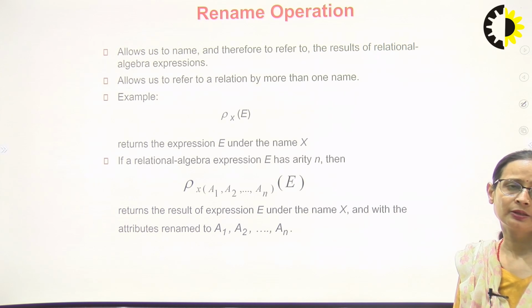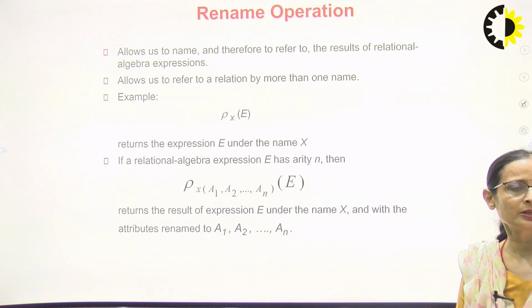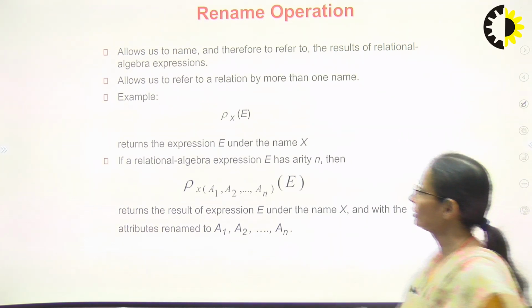The last important operation in relational algebra is the rename operation. It allows us to name, and therefore to refer to, the results of relational algebra expressions.